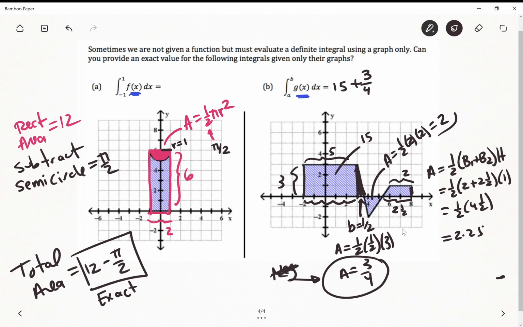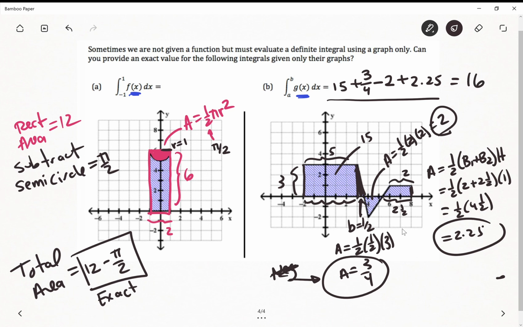This next triangle was under the x-axis, so minus 2. And this trapezoid was above, so plus 2.25. And if we add all of that together, we get 18 minus 2 is 16. And this is an approximation, and it's an approximation because we did not find the exact location of these intersections. We just approximated them.